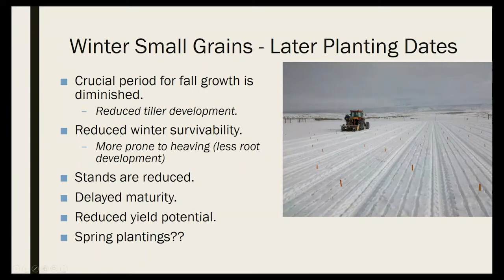We reduce our winter survivability because those plants are so small that the likelihood of them getting picked off by cold temperatures is high. A lot of this is because of heaving, where the soil temperatures warm and freeze, and the roots aren't there to hold them in place. Because of this, we see reduced stands. We can also see delayed maturity in the spring, and finally it translates into reduced yield potential.